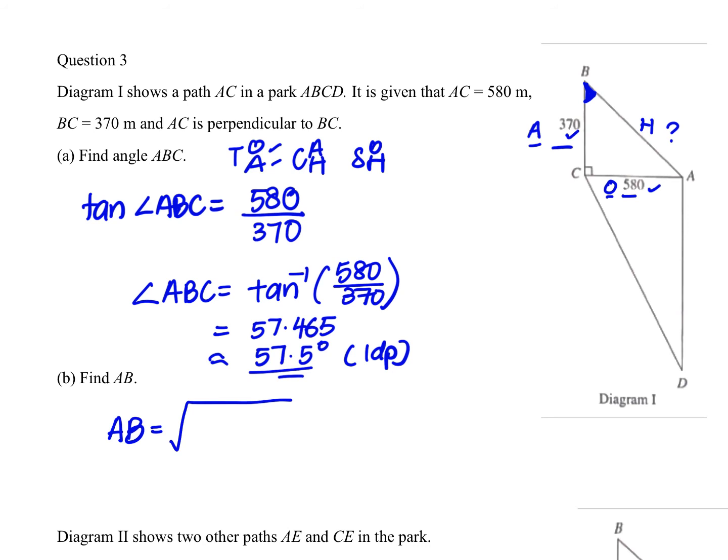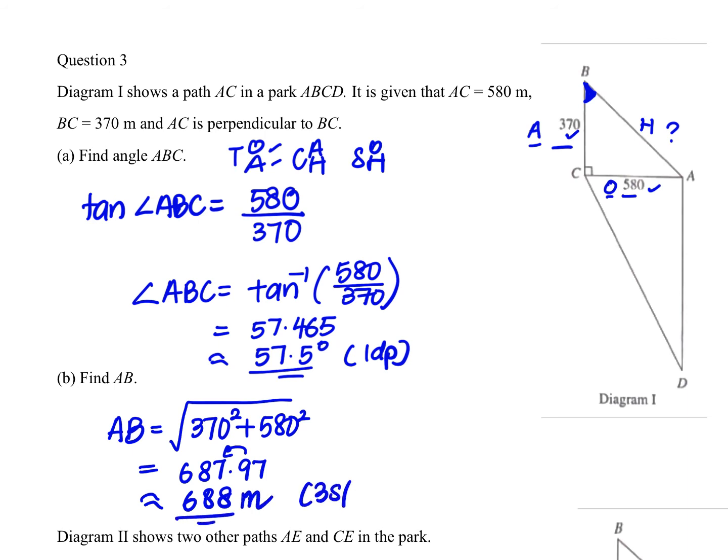So it'll be equals to square root of 370 squared plus 580 squared. And I get a value of 687.97, rounding it off, 688 meters, sorry, 3 SF.